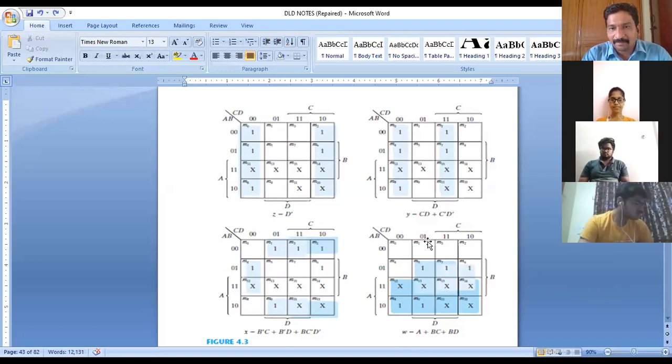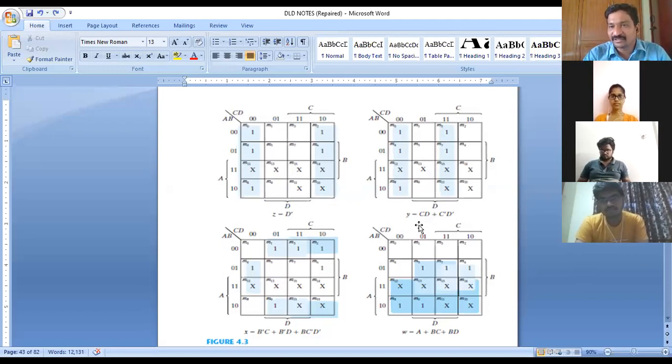Similarly, applying for X, Y as well as Z, we get the Boolean expressions. So first we analyze the problem, BCD to Excess-3. What is an input and what is an output? From that output, using the corner map, we find the Boolean equations.